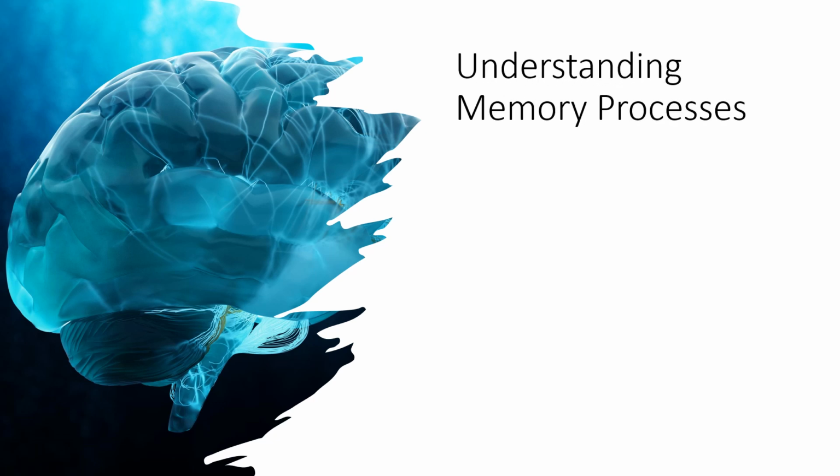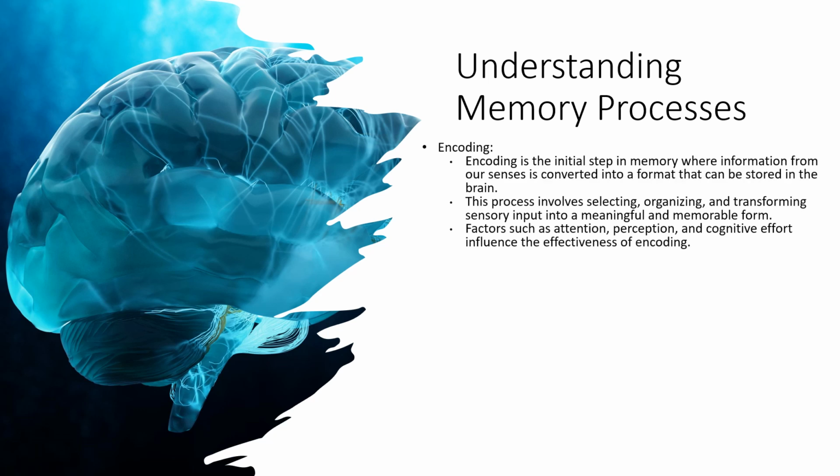Understanding the memory process. Memory involves three interdependent processes: encoding, storage, and retrieval. These processes work together to help us acquire, retain, and recall information efficiently. First, we have encoding.